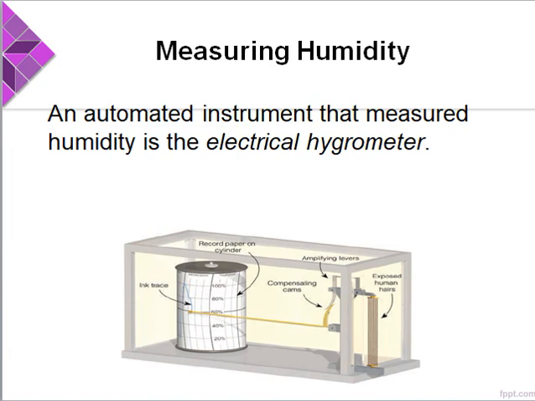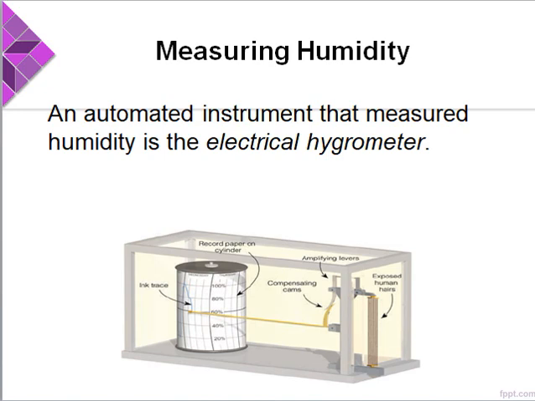As water vapor is absorbed, the electrical resistance of the carbon coating will change. These changes are translated into relative humidity. This instrument is commonly used in the radiosonde, which gathers atmospheric data at various levels above the Earth.